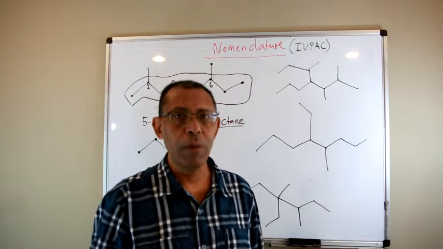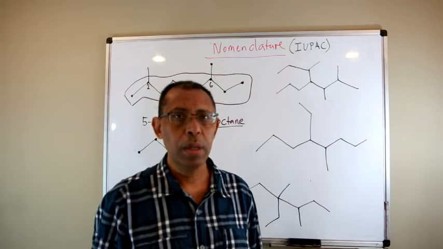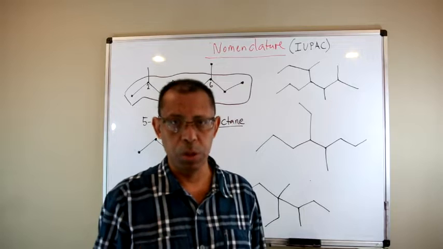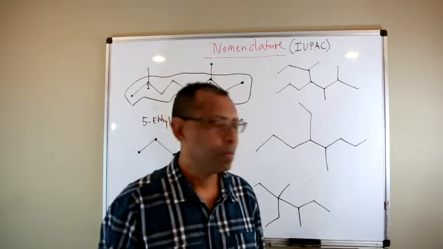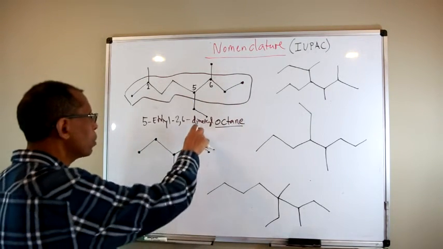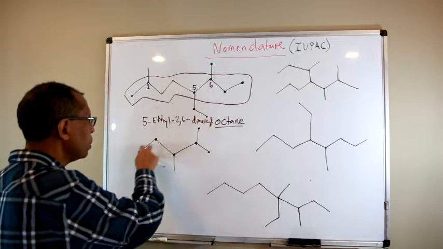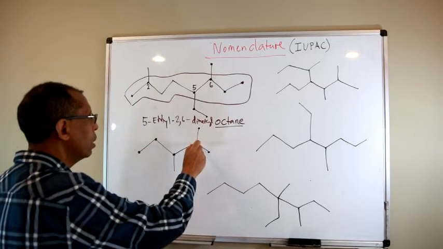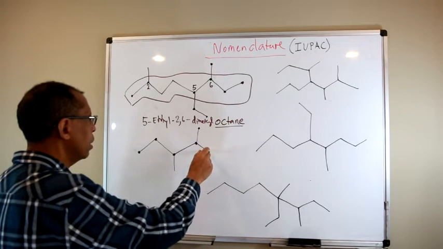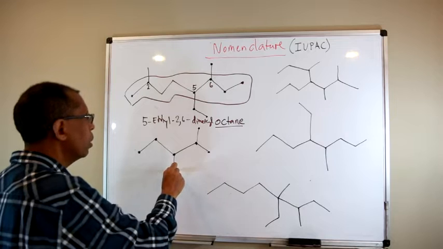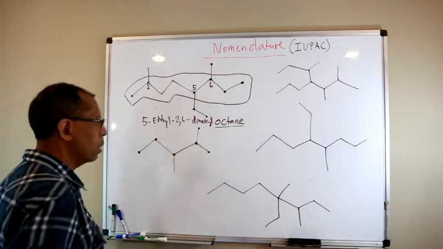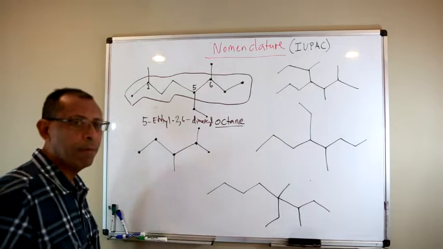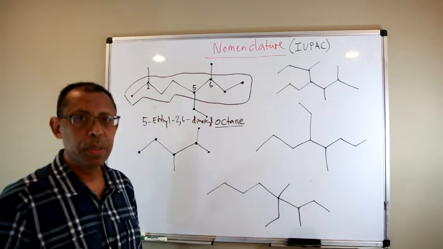When the chain is of equal lengths, when you count, you have to go with the one which gives you the more substituents. That's another rule. So if I go through this, I would have how many substituents? I would have 1, this is 1 substituent, this is another substituent. There are two substituents on this. And if I go through this, it will also have two substituents.